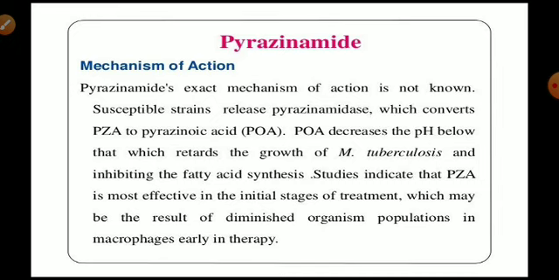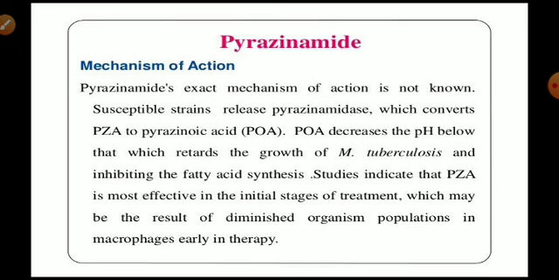The next drug, pyrazinamide. Mechanism of action of pyrazinamide. This is also from the first line antitubercular drug class, and the mechanism of action of this drug is with the help of pyrazinamidase enzyme.